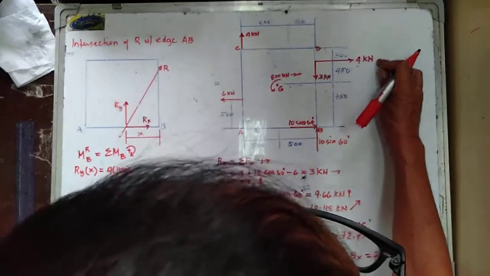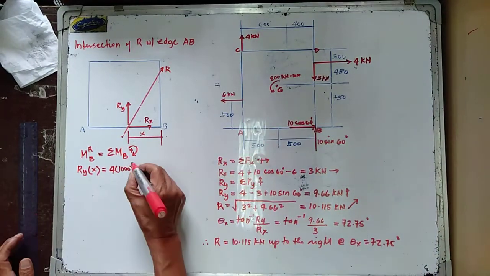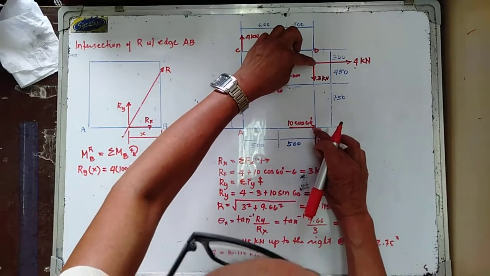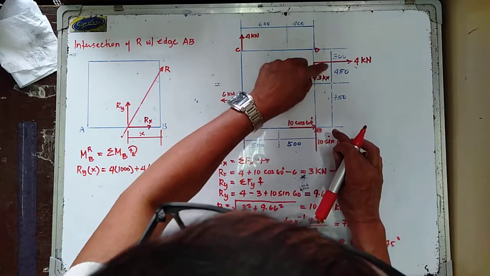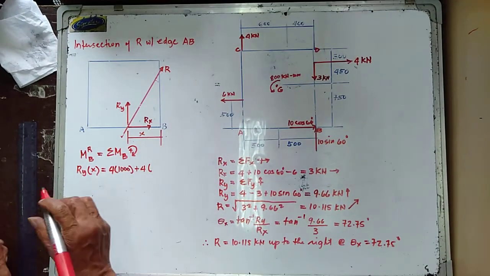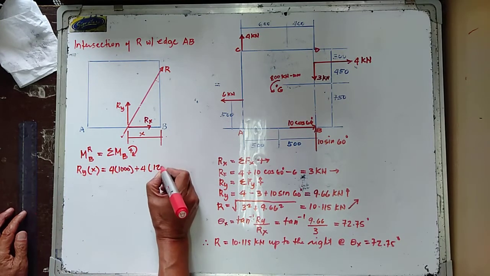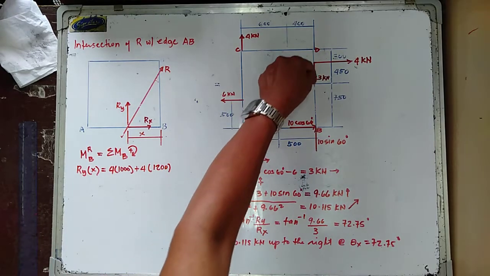This 4 is going clockwise about point B, that is positive 4, and the moment arm is equal to 750 plus 450, which is equal to 1,200 millimeters.